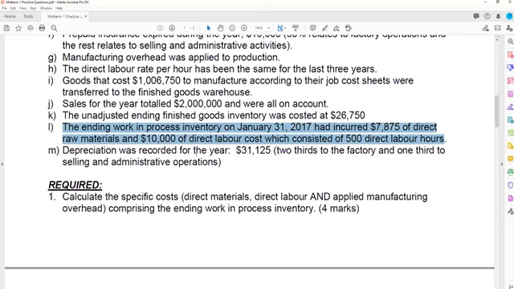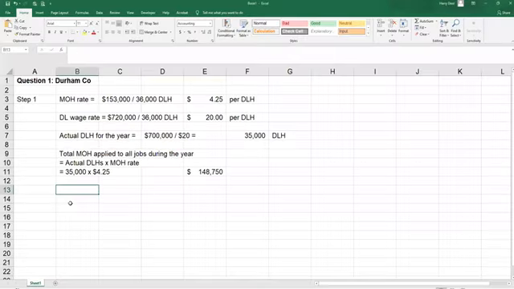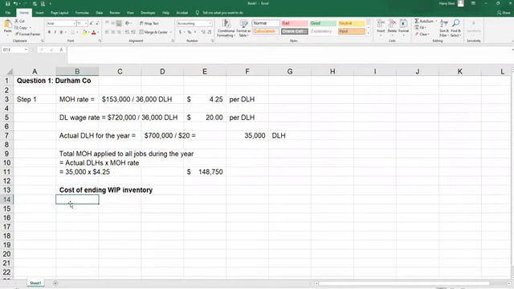Anyhow, here what we have to do is calculate the cost of the ending work in process inventory. The ending work in process inventory will consist of three things: the direct materials, the direct labor costs, and the applied manufacturing overhead included specifically in the ending work in process inventory.